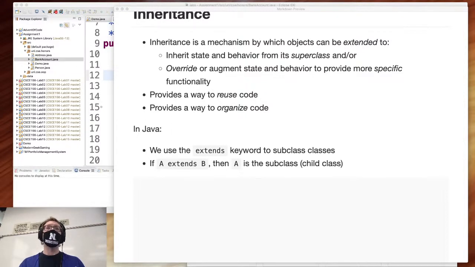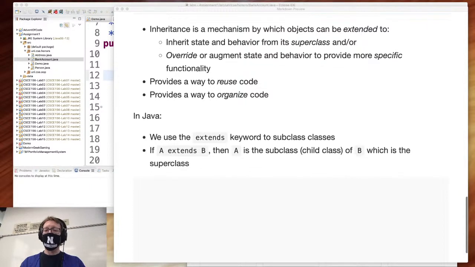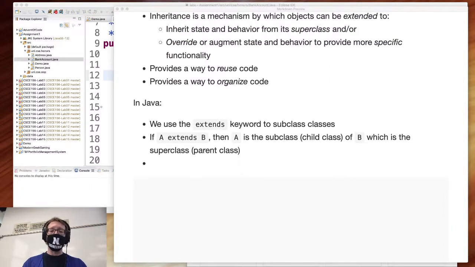Sometimes these are called the derived class, a whole bunch of different synonyms. The subclass is good enough. Of B, which is the superclass or parent class, right? If you want to use that metaphor, whichever one makes more sense to you, okay? Extension or subclassing defines an is-a relationship, right?